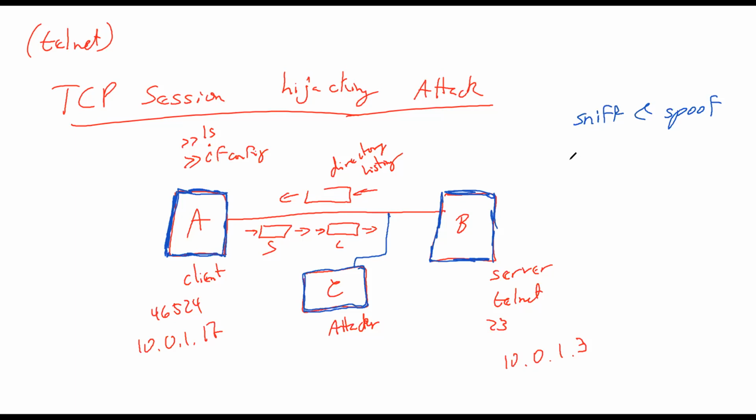You could do the sniff part with Wireshark, and the spoof part with Netwox or Python. What you need to do as an attacker is know what these packets look like.